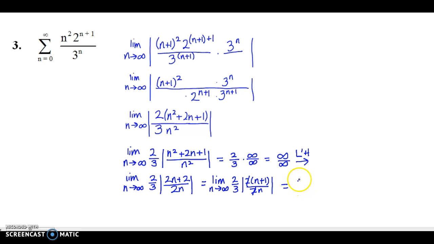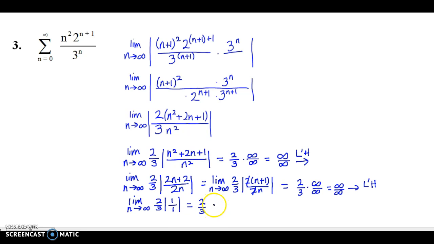so that when I reevaluate this, I get 2/3 times, oh, there it is again, infinity over infinity. Which means L'Hopital's rule one more time. So to finish the problem out, the limit as n approaches infinity of 2/3 times the absolute value of 1 over 1 after I take the derivative gives me simply 2/3.